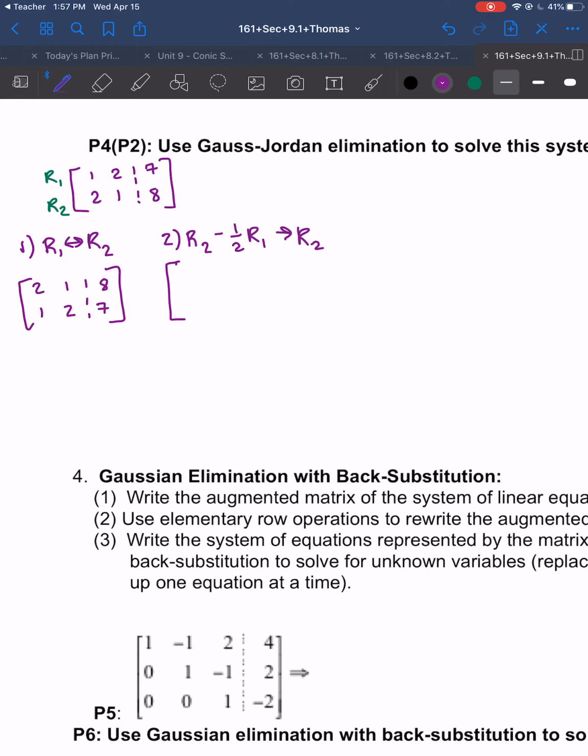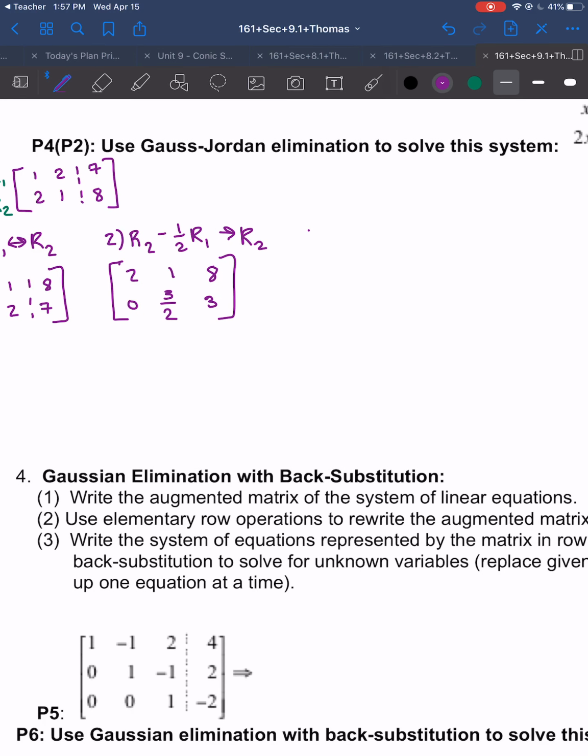So row 1 is not going to change, and it'll just change row 2. That will become a 0. That'll become 3 halves, because half of row 1, which is 1, and 2 minus 1 half is 3 halves. And then I get a 3. So that's the second step.